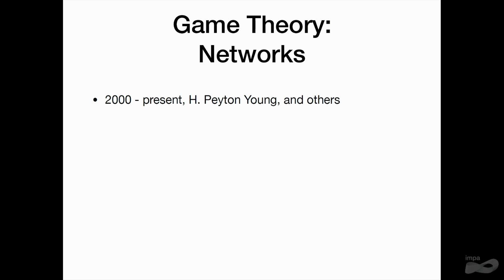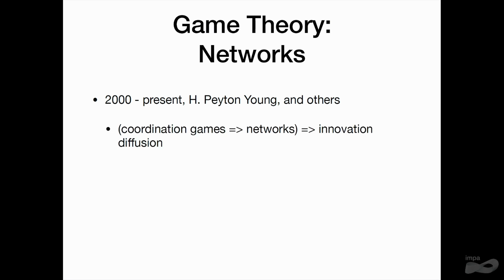Some more recent contributions is to put all of these kinds of things on networks. So economist Peyton Young put coordination games on networks, which he then used to talk about innovation diffusion. Right? The idea with the coordination game is that there's these two equilibria. His idea using those games is that one equilibrium is the status quo.